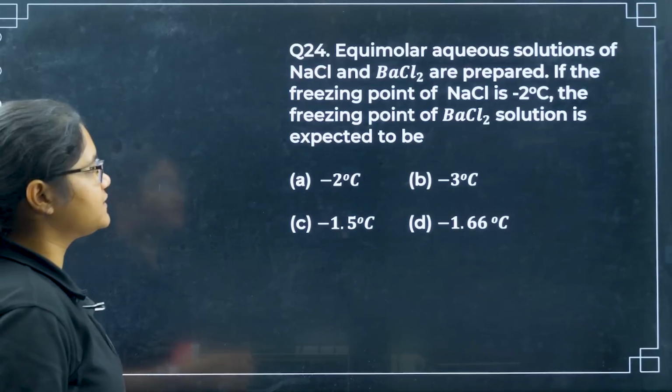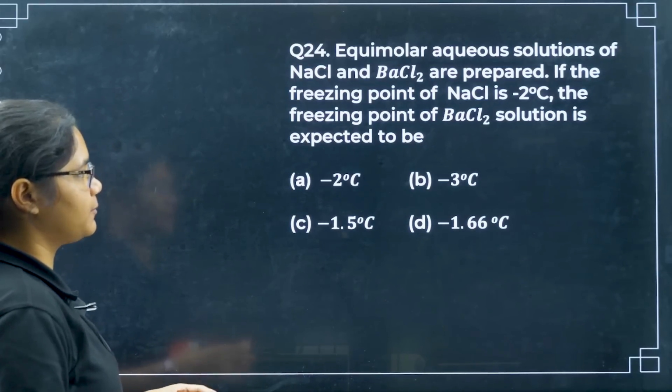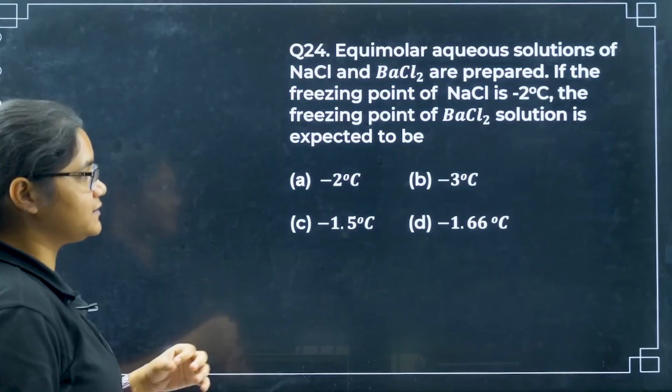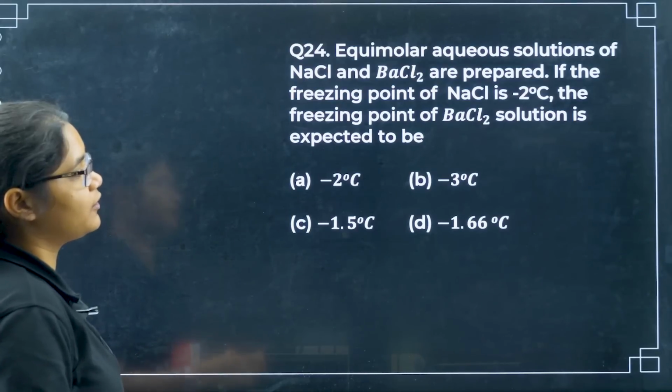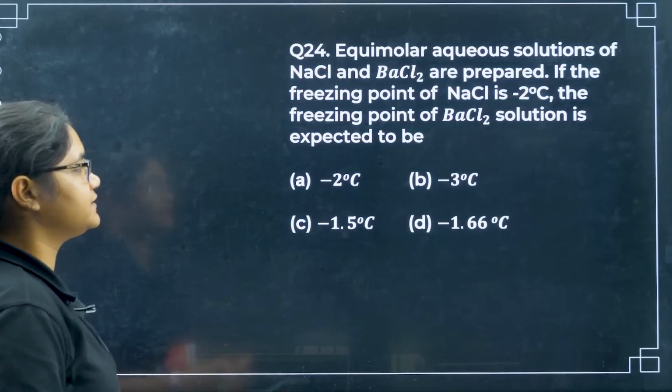Next, equimolar aqueous solutions of NaCl and BaCl2 are prepared. If the freezing point of the NaCl solution is -2 degrees Celsius, the freezing point of the BaCl2 solution is expected to be?